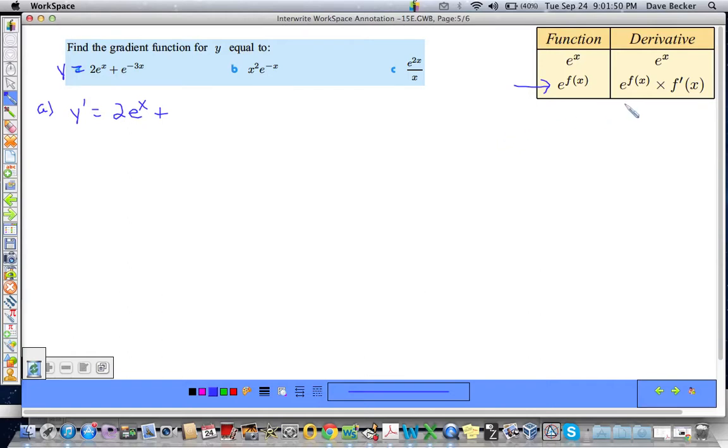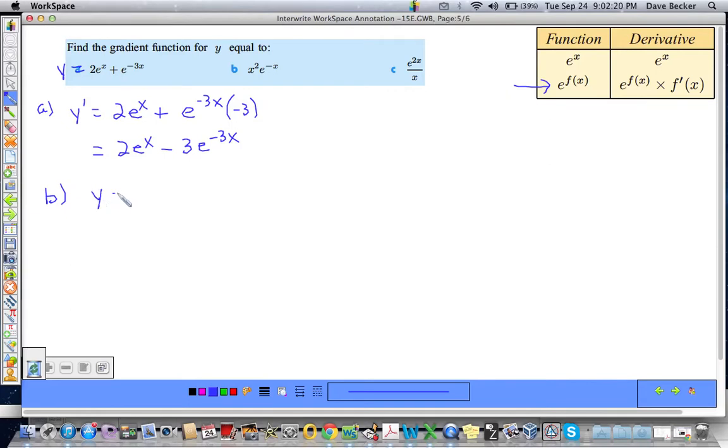So that's equal to e to the f of x, whatever it is, so it's e to the negative 3x multiplied by the derivative of this function, and the derivative of negative 3x is negative 3. So you clean this up a little bit, so that would be 2e to the x, I'm going to put the minus 3 out front, minus 3e to the negative 3x, and you are done. Okay, let's do b.